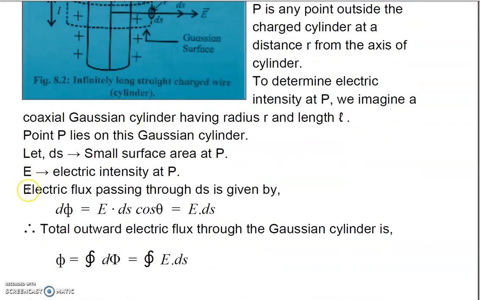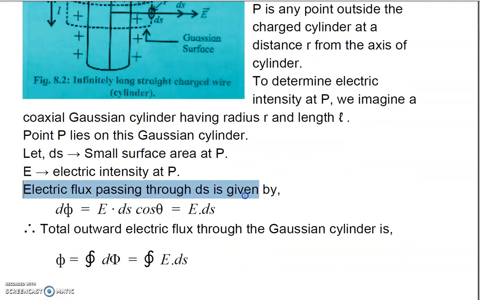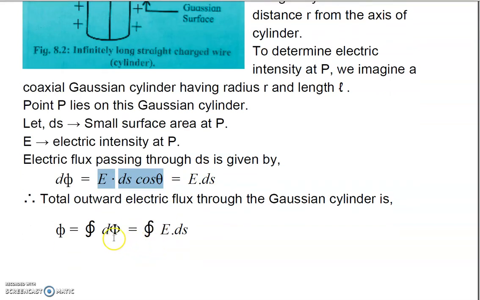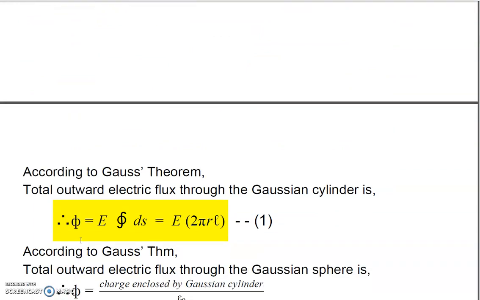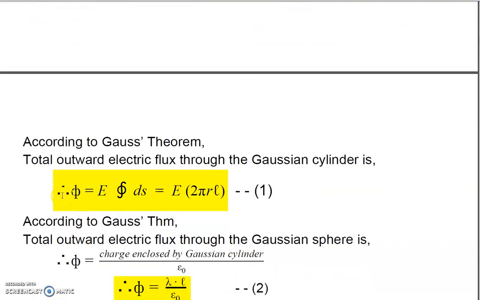So the electric flux passing through ds at point P is once again given by E ds cos theta, and because theta is equal to 0, that is E into ds. Then the total outward electric flux out of the Gaussian cylinder will be equal to the integration of this. According to Gauss theorem, this total outward electric flux is E multiplied by integration ds, which is E into 2 pi rL.